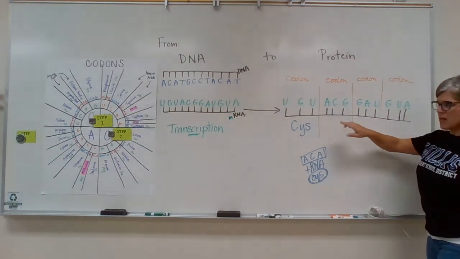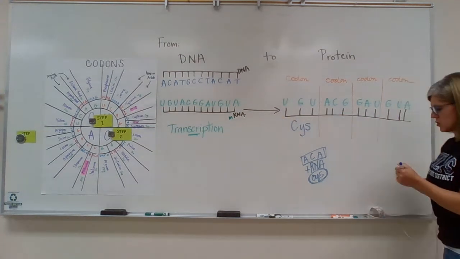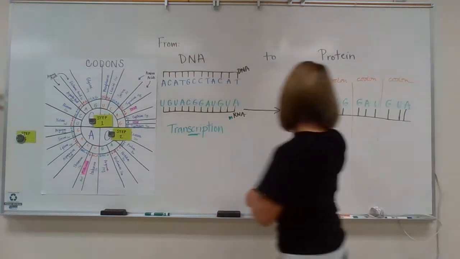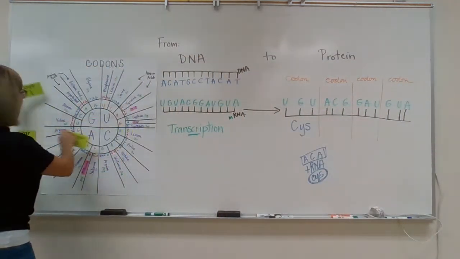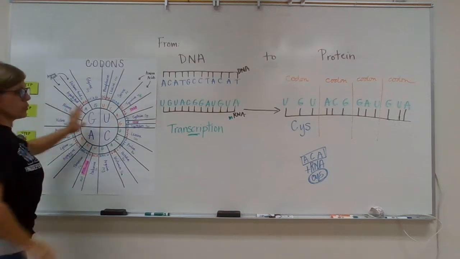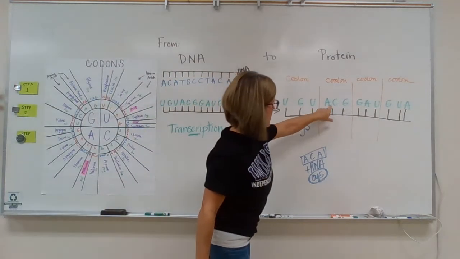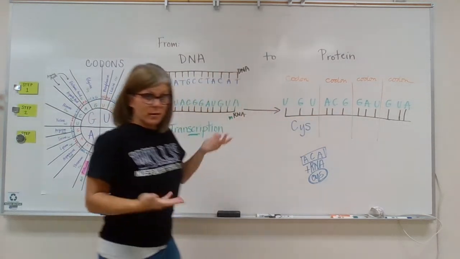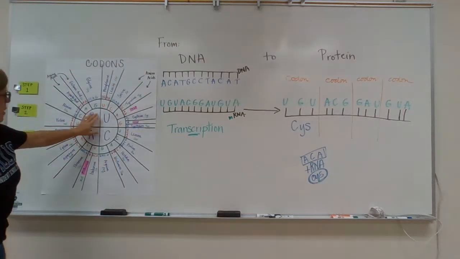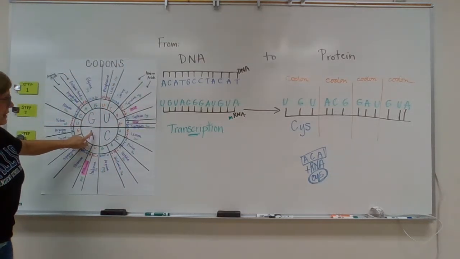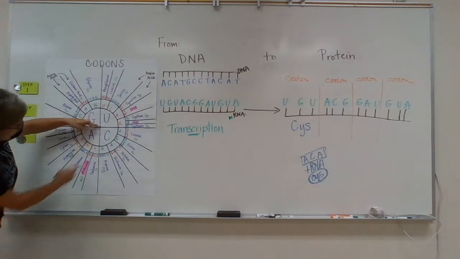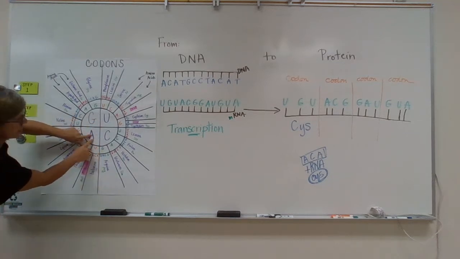Okay, so now let's try the next one, going back to the steps here with this codon chart. Our next one is A, C, and G. So we start with first letter, second letter, third letter. We read them left to right. Find our first letter in the middle, A. Now we're only working in this quadrant here.